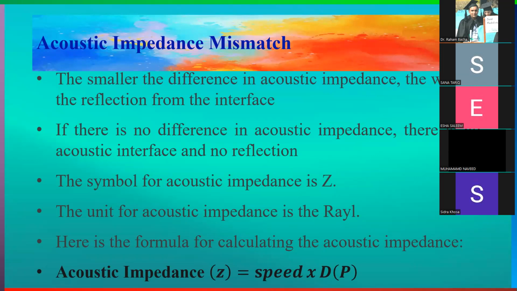So if there are a large number of molecules in a unit volume, that will be a higher density. That means if the molecules are compactly arranged, near to each other, then that medium will be denser. And the speed of sound totally depends upon the medium.